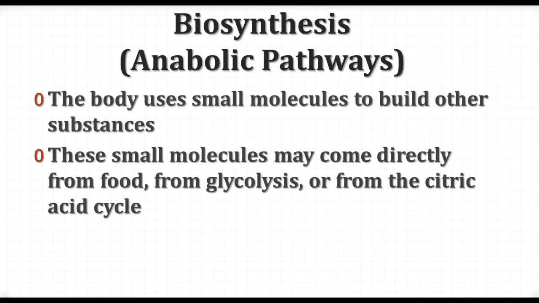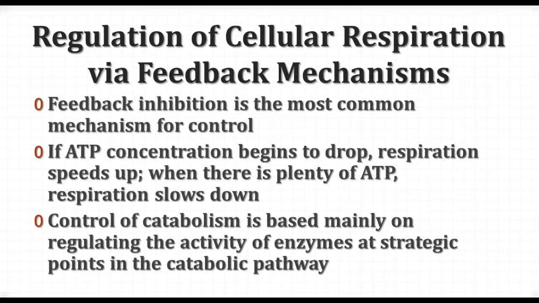There are also anabolic pathways or biosynthetic pathways that can result from some of these. Some of these smaller molecules can come from food itself through the digestion of food or as products from glycolysis or the citric acid cycle. And all of this is regulated by feedback mechanisms.